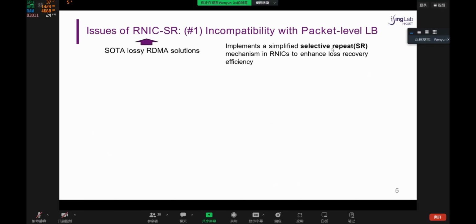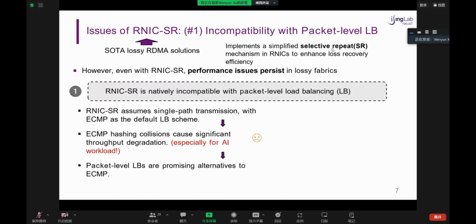The state-of-the-art lossy RDMA solution, called RNIC SR, implements a simplified selective repeat mechanism, or selective repeat for short, in RNICs to enhance loss recovery efficiency. However, even with RNIC SR, performance issues persist in lossy fabrics. First, RNIC SR assumes single-path transmission with ECMP as the default load balancing scheme.